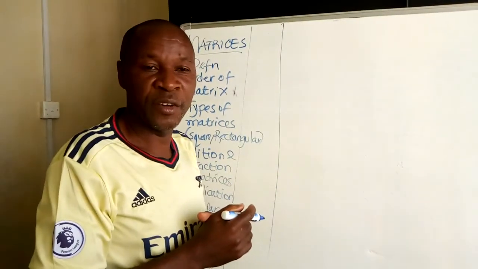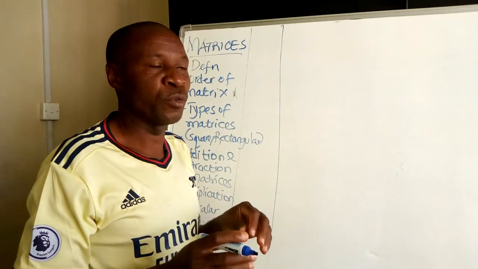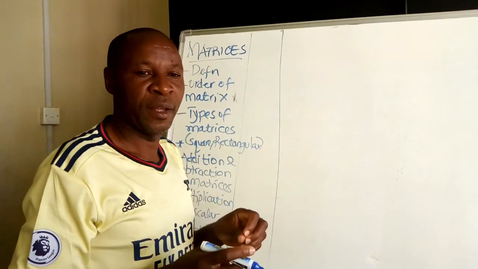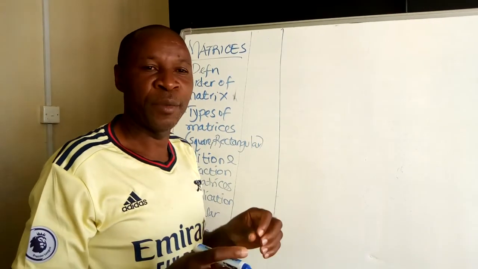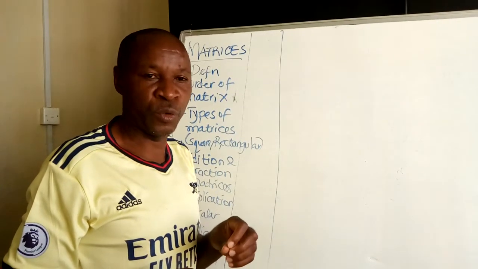Matrices refer to the arrangement of numbers, and I'm going to use a situation where the school has given you items to bring on the first day of reporting to school.